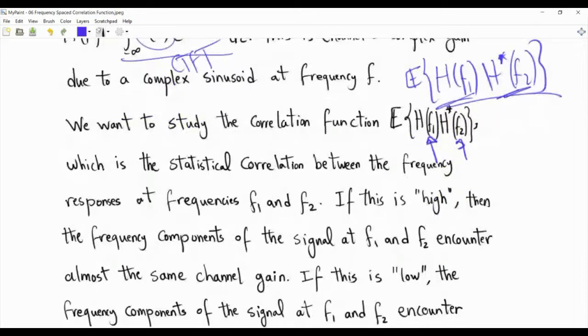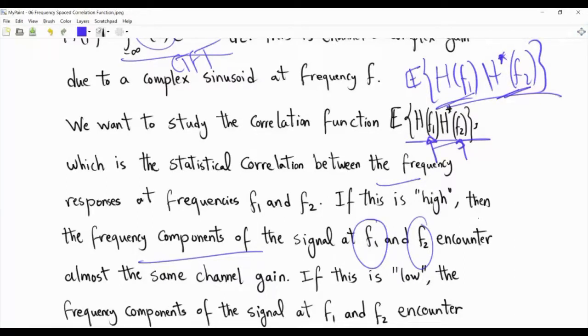So if the correlation is high, you transmit a signal that has a bandwidth, an infinitude of frequency components. If you consider the spectrum to be a continuous function of f, there is a component at f1 and a component at f2. If this correlation function is high, and of course, how high is high?